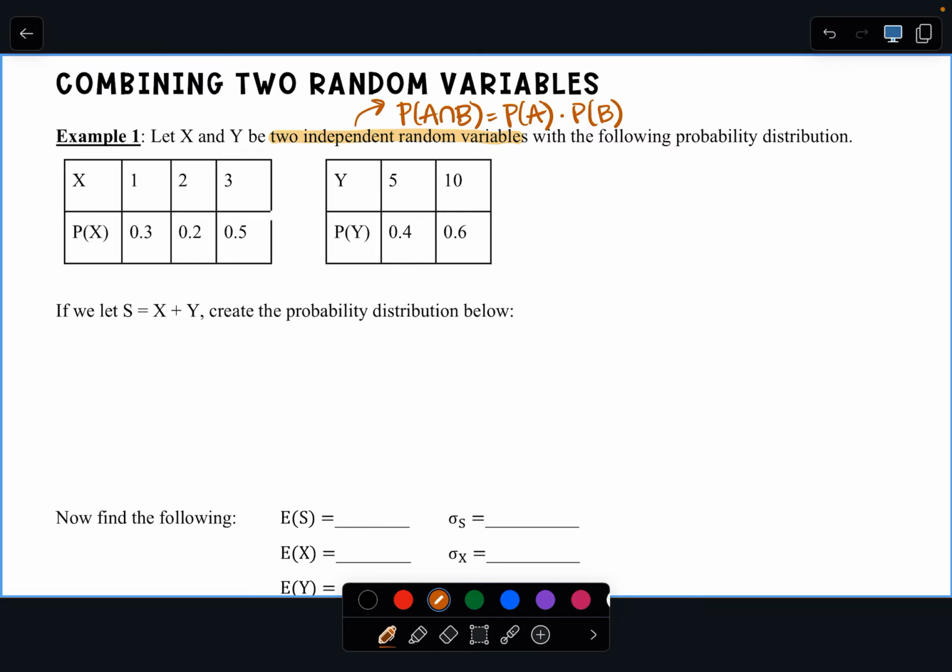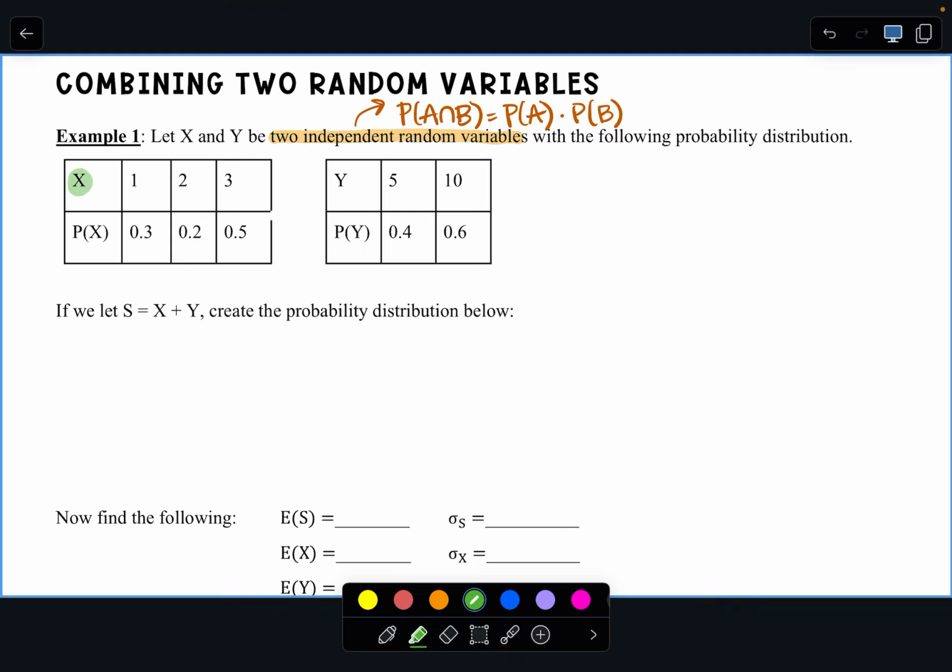Otherwise, the probability of B is going to change depending on what happened with A. So keep that in mind. For these to work, they have to work independently of each other. A lot of the time, the questions just tell you they're independent events.